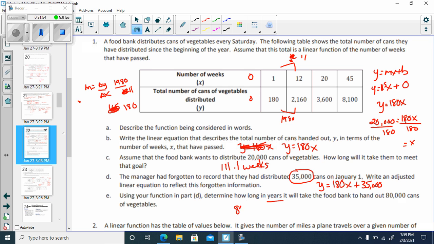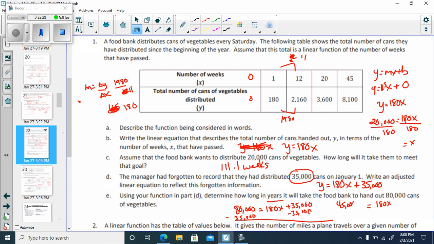Okay, so let's plug it in. 80,000 is equal to 180x plus 35,000. Let's subtract 35,000 from both sides. That would give us 180x equal to 80,000 minus 35,000, which is 45,000.